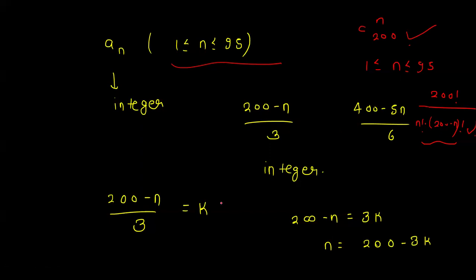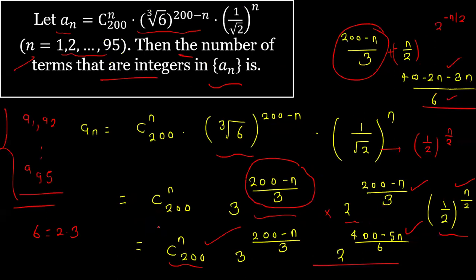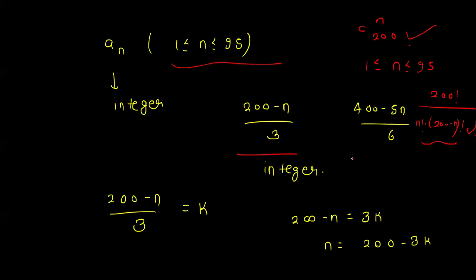So for the whole number to be an integer, this and this should also be integers, where we have two sequences like this.